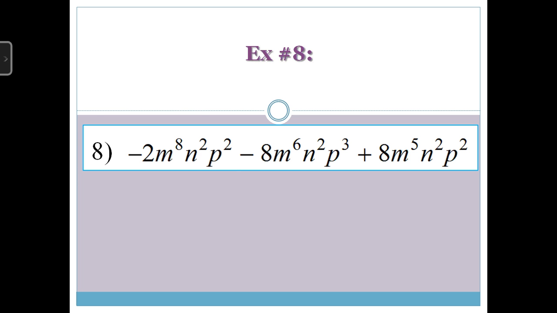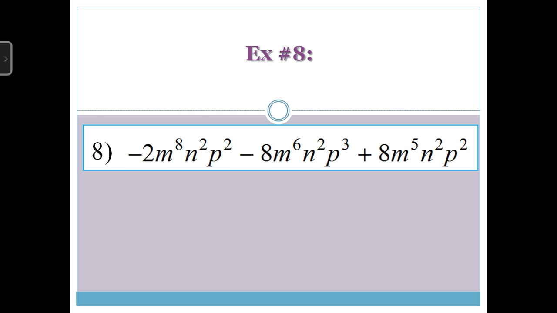All right, example number 8. Go ahead and write that down. So remember, see what the GCF is first, and then take a look at each of the variables.